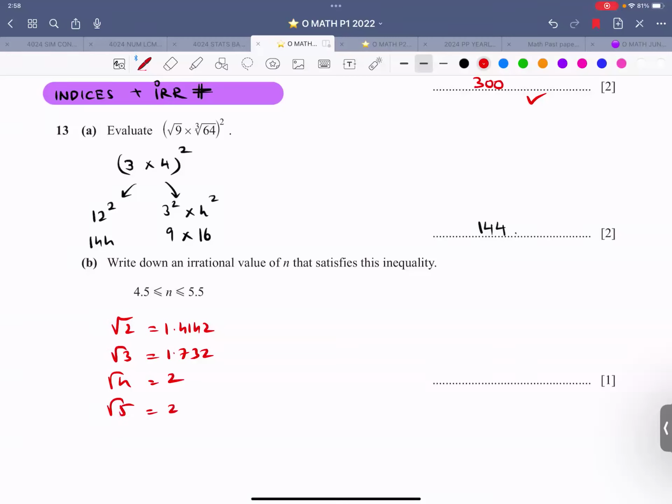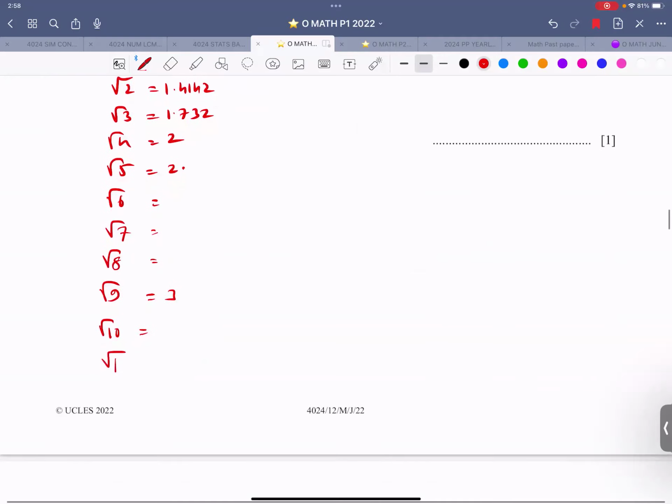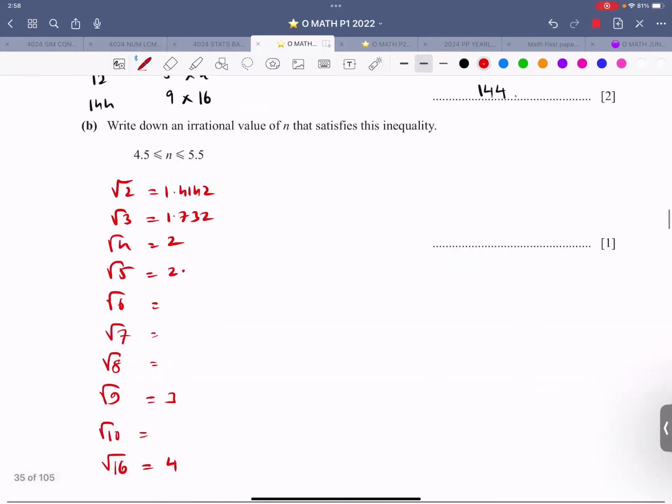Square root of 5 would be 2 point something. Square root of 6, I'm not sure. Square root of 7, not sure. Square root of 8. Square root of 9, that is 3. Square root of 10 would be something greater than 3. And then let me go to 16. Square root of 16 is 4.